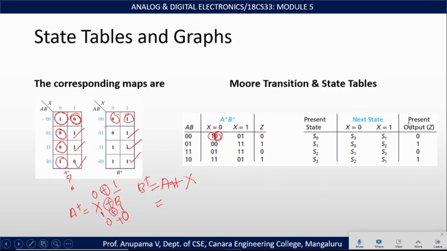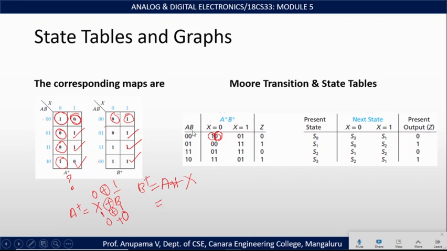How will you write the state table? You write the symbols. 0 0 is S0, 0 1 means S1, 1 1 means S2, 1 0 means S3. And wherever that symbol is there, you write it symbolically.